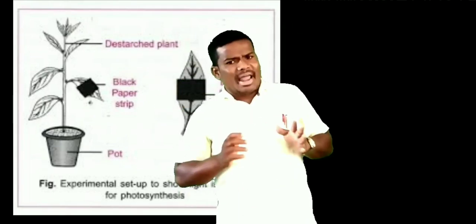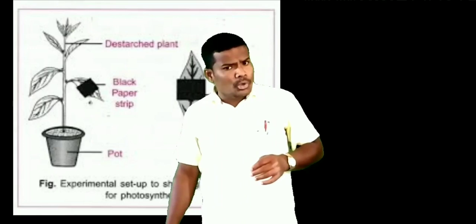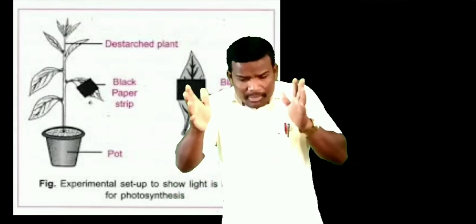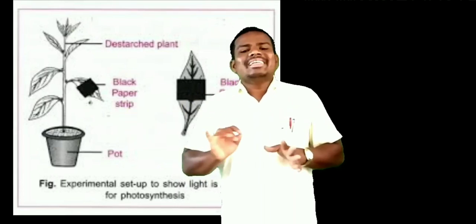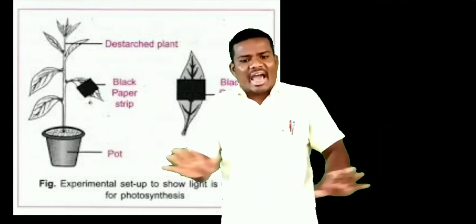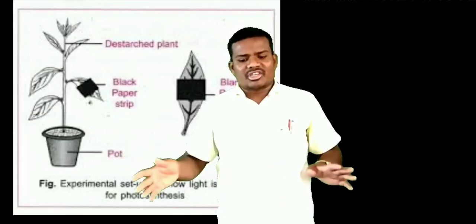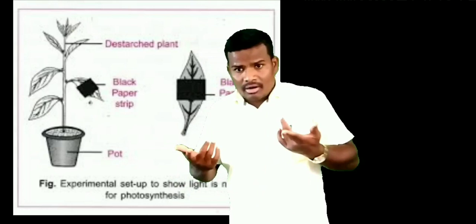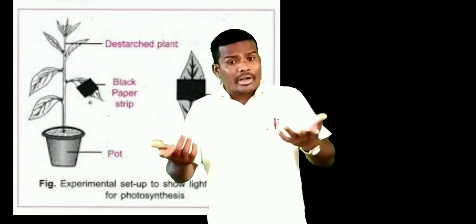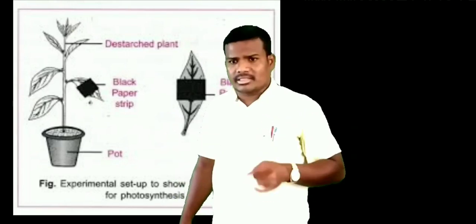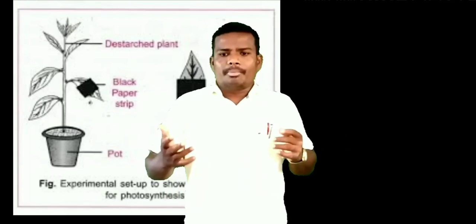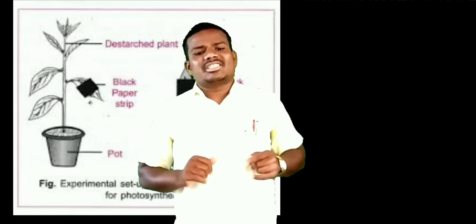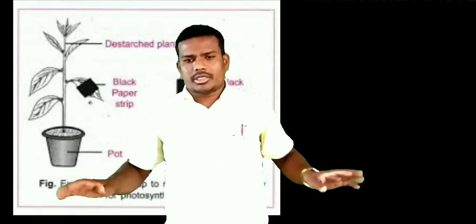First take a potted plant and keep it in a dark room for a few days. Why? Because the leaves of the plant turn de-starched, meaning there is no starch and the leaves become colorless.